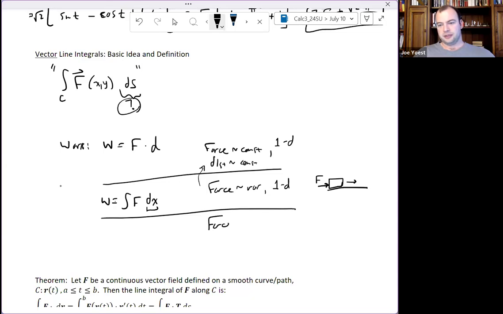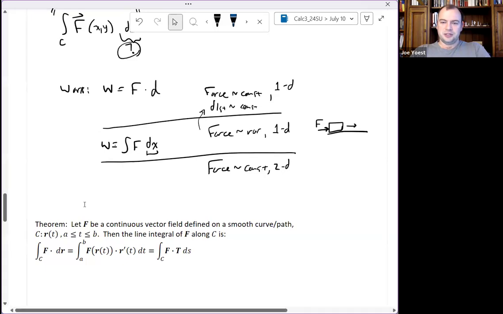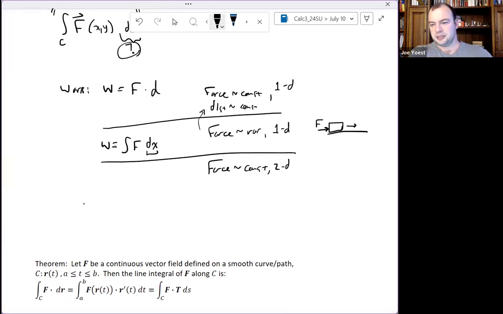Now, what if force is constant, but now I'm in 2 dimensions? Well, now things get a little bit more complicated because let's again say that I have a box sitting on a floor here. As I push the box along, it's going to go this direction. That's my displacement vector.